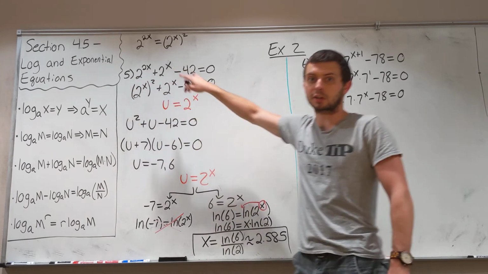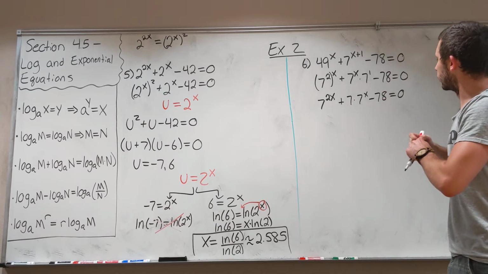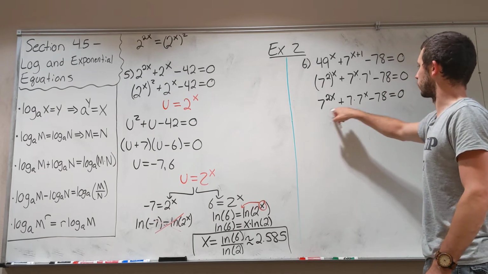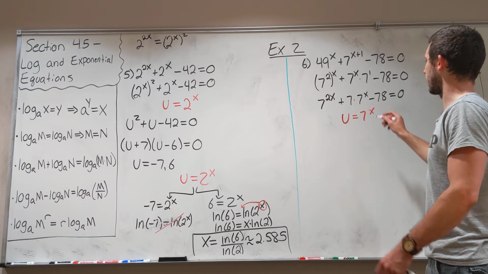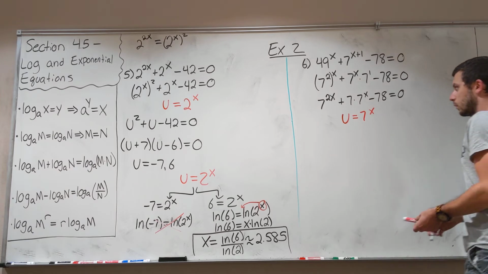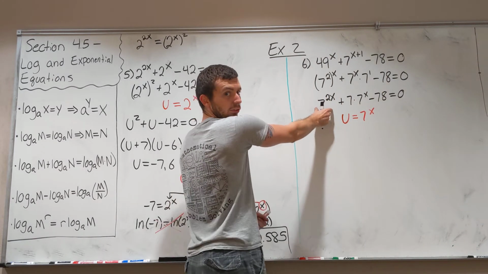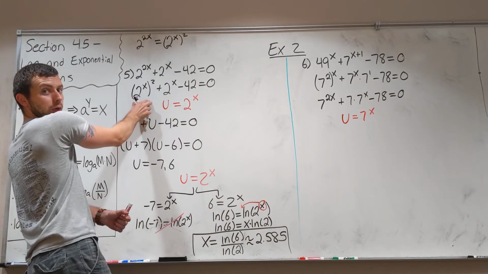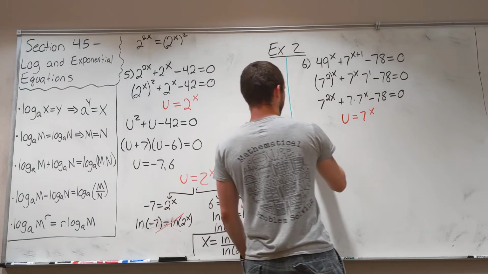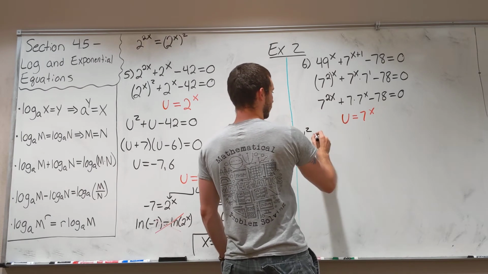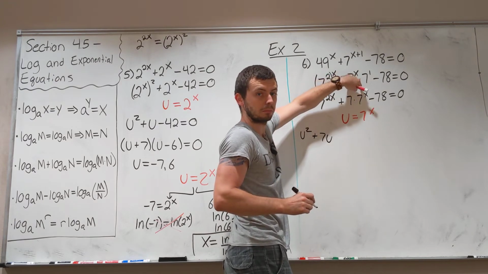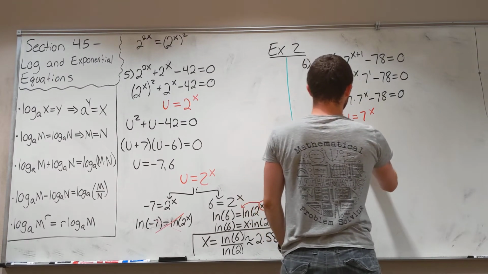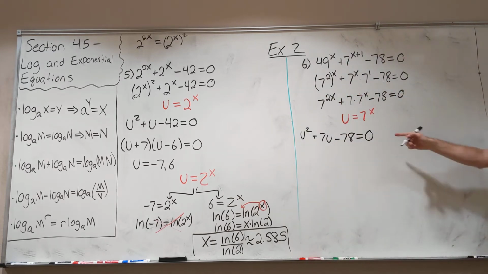So we could apply the same logic, but ultimately we see that the recurring theme here, similar to the last problem, is that u is going to equal 7 raised to the x. And from here, the 7 to the 2x breaks apart the same way that this one broke apart right here. So this would be u squared plus 7 times u minus 78 is equal to 0. That's what it looks like as a corresponding u substitution.